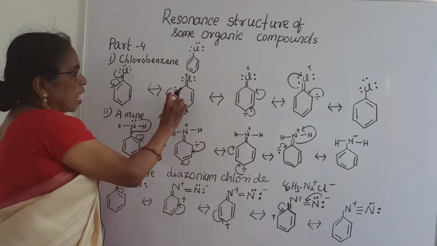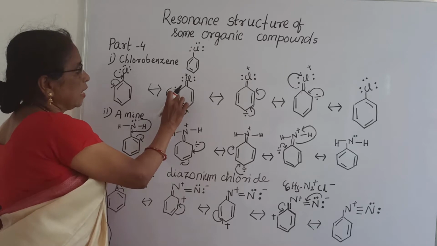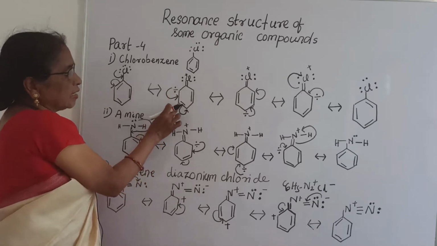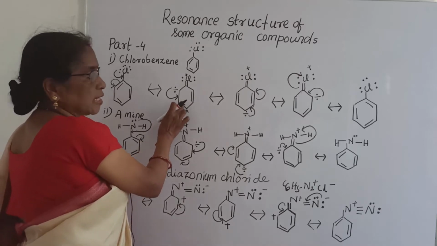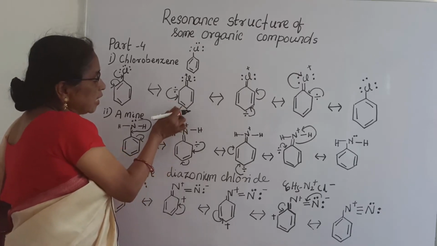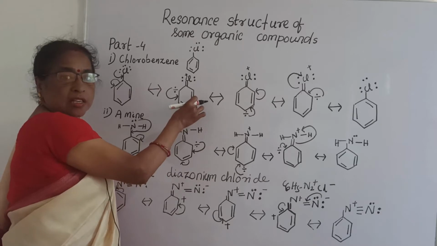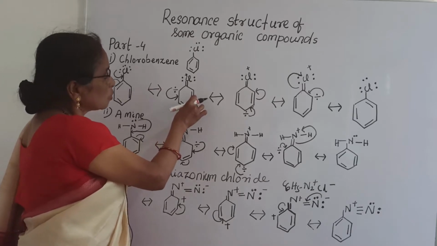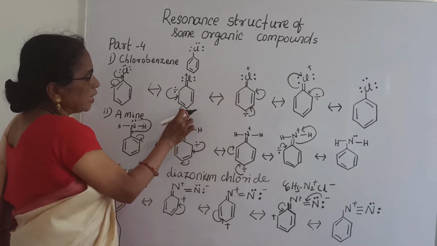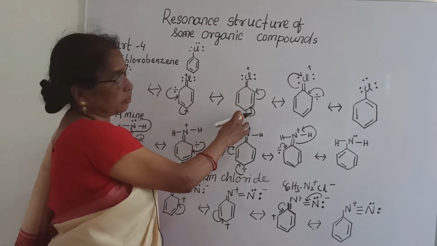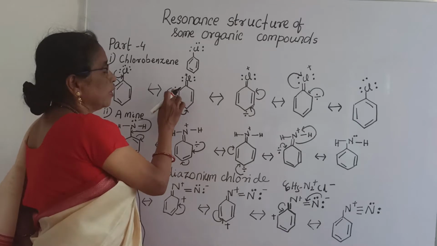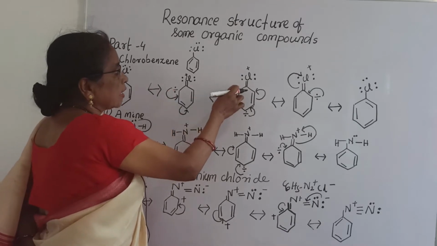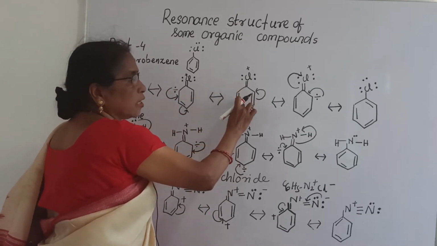this pair of electrons delocalizes to the adjacent bond, and again this pi bond pair of electrons is delocalized to this adjacent carbon atom. So in the next case, it acquires a pair of electrons having negative charge, and this pair of electrons having negative charge comes to here and becomes a double bond.